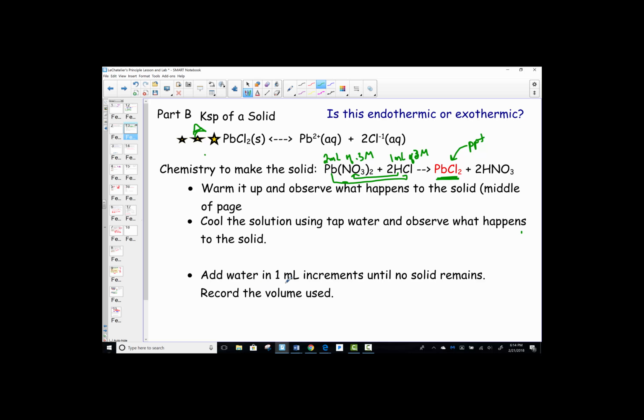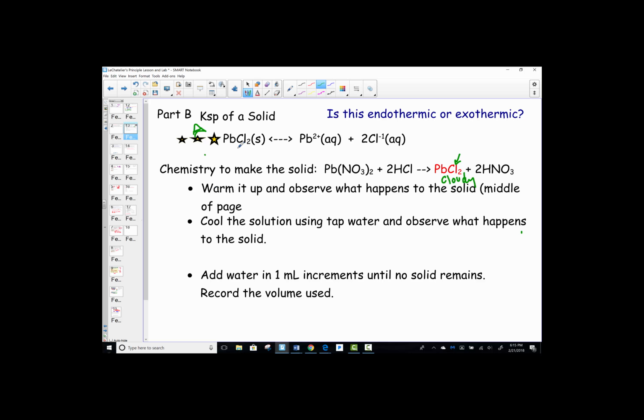Keep adding 1 mil water increments until no solid remains and record the volume used. Now let's talk through a little bit about what we just said. When I first put this reaction together, this is going to be a cloudy precipitate. When you warm it up, it disappears.